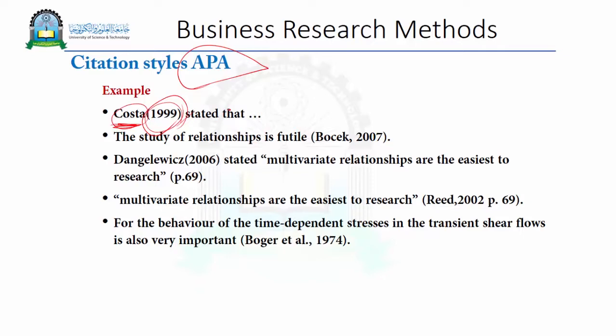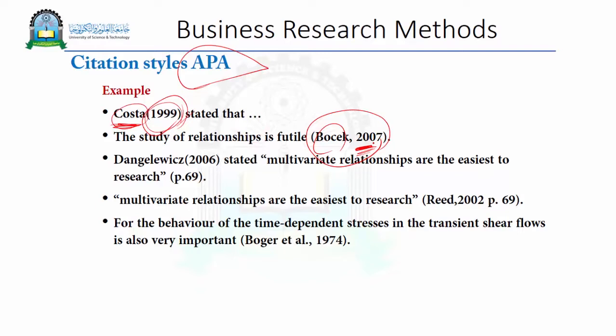When you write the author at the end of the paragraph or the end of any sentence, you need to put them both, the family name of the author, then comma, then the date of publication between brackets at the end. So when you mention it at the beginning, family name, then the date. When you mention it at the end, family name, comma, and then the date between brackets.